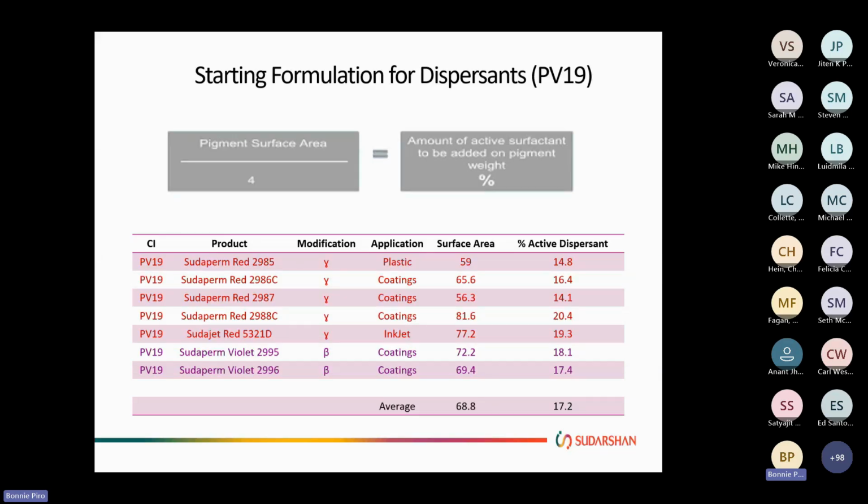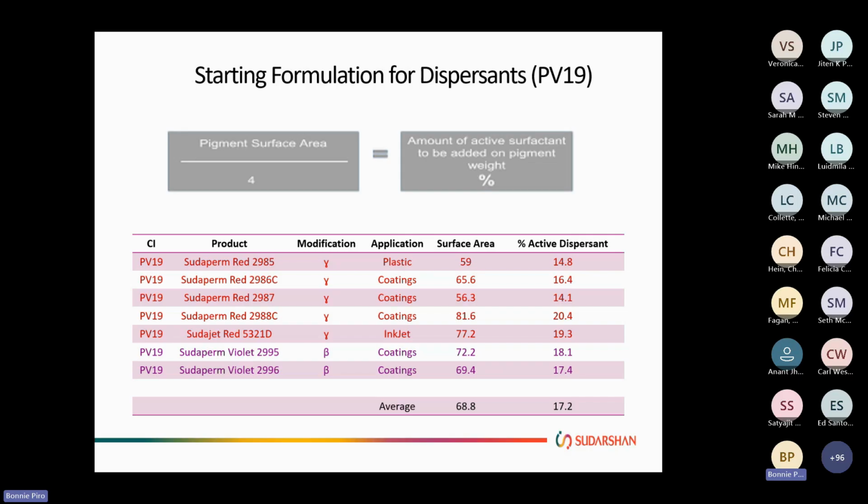So in this particular case, I have some violet 19s, both the gamma and the beta phases. I've listed what application they were originally designed for, the resulting surface area, and a starting point from an active dispersant perspective. There's not a lot of difference between them.